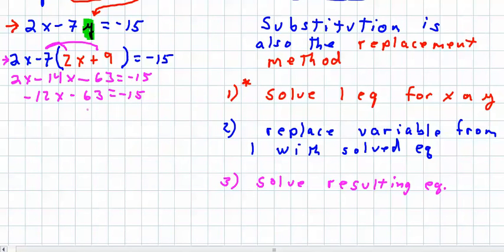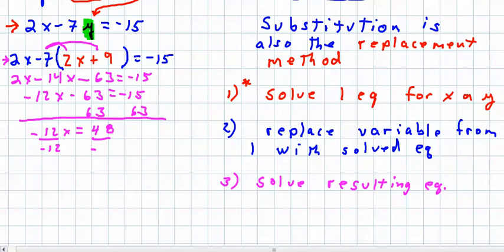I'm going to add 63 to both sides. And I get negative 12x equals positive 48. Divide by negative 12.